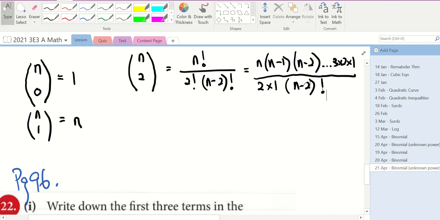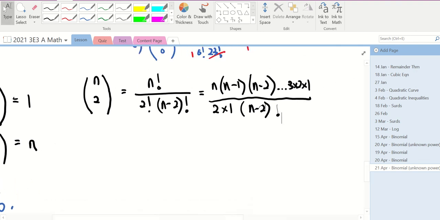Agree? Why do I write n minus 2 factorial? I'm going to show you something. Do you agree this part is n minus 2 factorial? All agree? And we also have an n minus 2 factorial below. These two can reduce to lowest term.